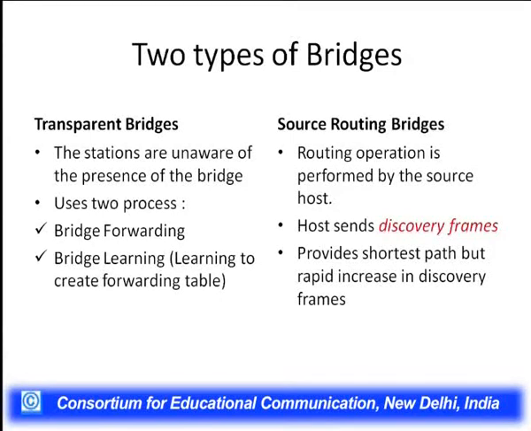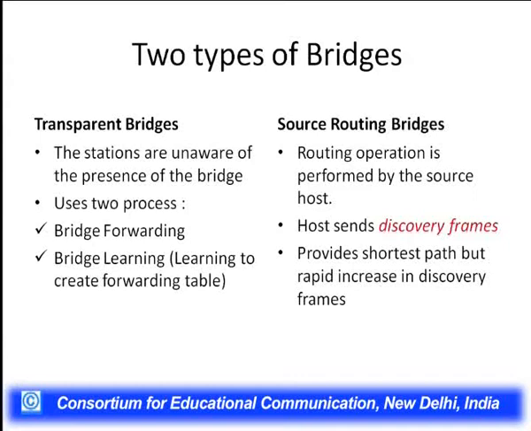Each source which wants to send a packet to another host will first send some frames on the network. These frames are known as discovery frames because they are broadcast to all the hosts on the network. The bridge will broadcast these frames to all the hosts.